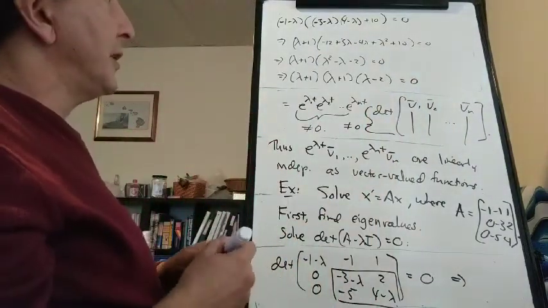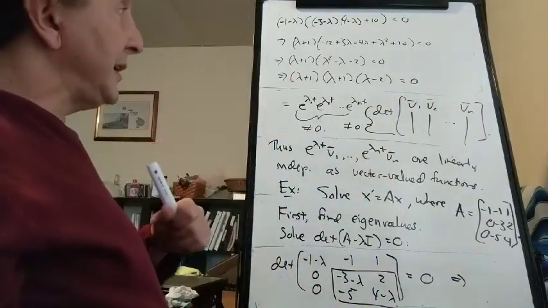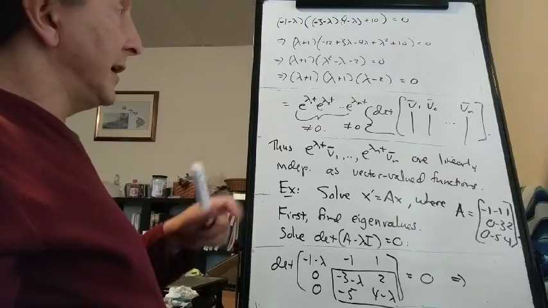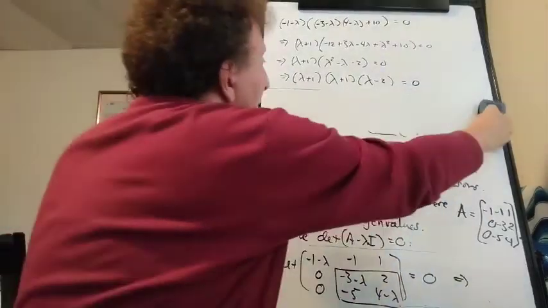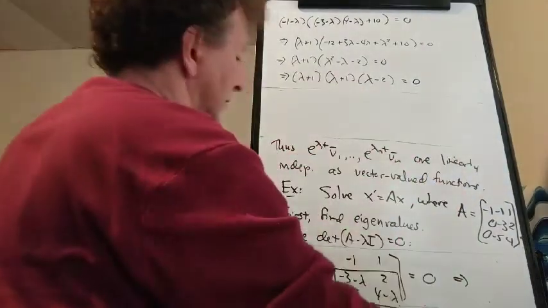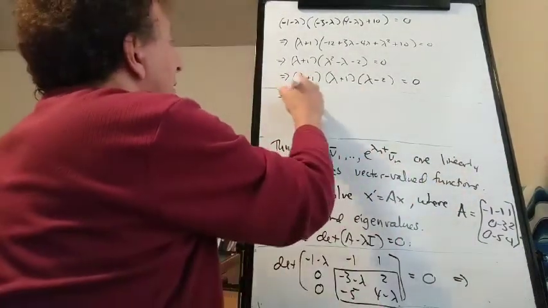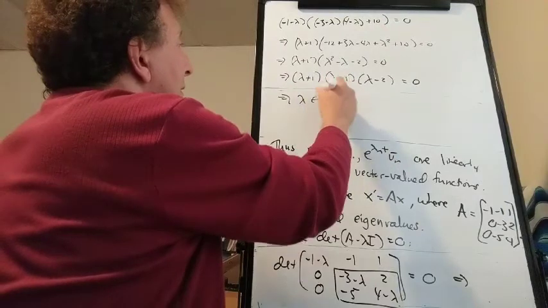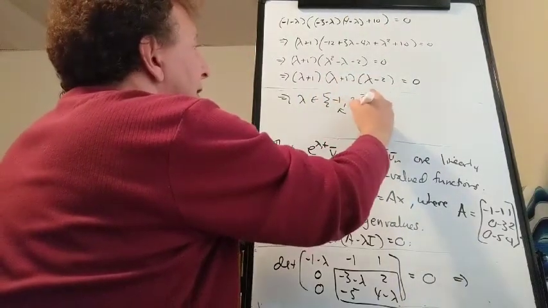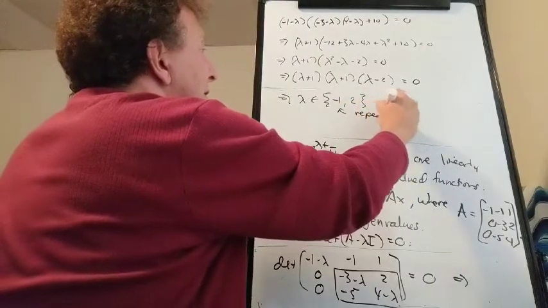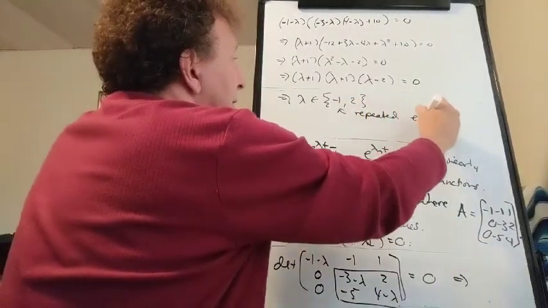Alright, so we have -1 is a repeated eigenvalue. Lambda's -1 or 2. -1 is a repeated eigenvalue.